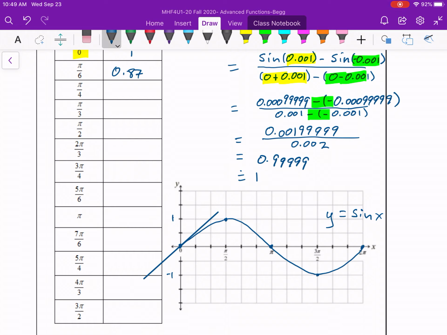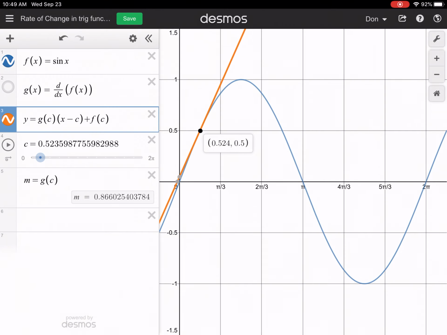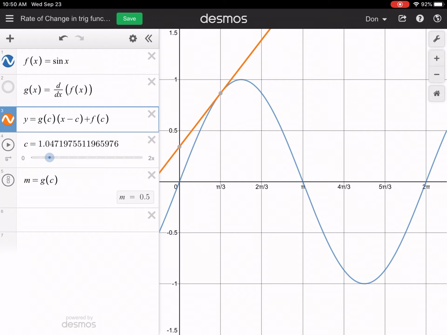Now, the way this program is set up, it's going to skip over pi over 4, which is the next one in our table. It's going up by pi over 6, as I already said. So the next stop on our graph would be 2 pi over 6, which reduces to pi over 3. Pi over 3 as a decimal is 1.047. And you can see the slope is 0.87 here.